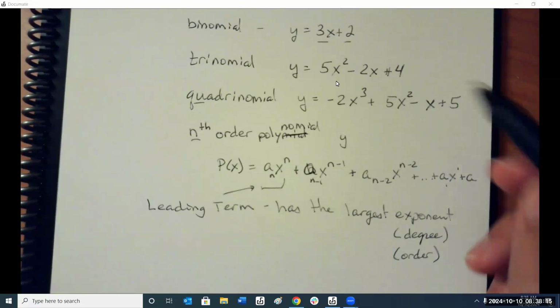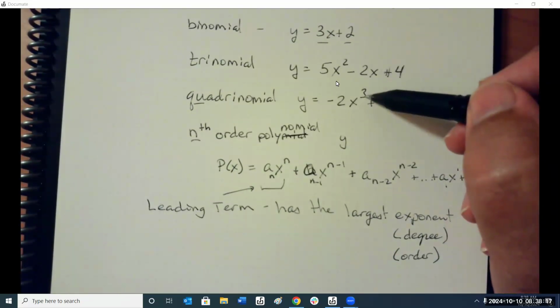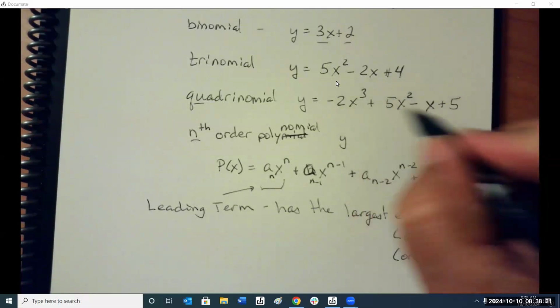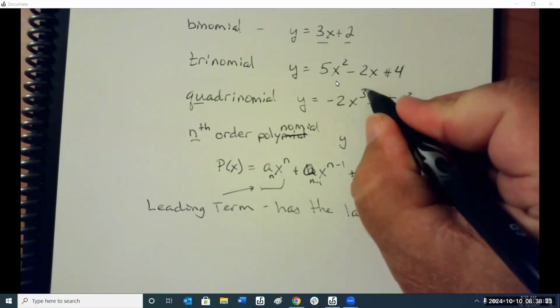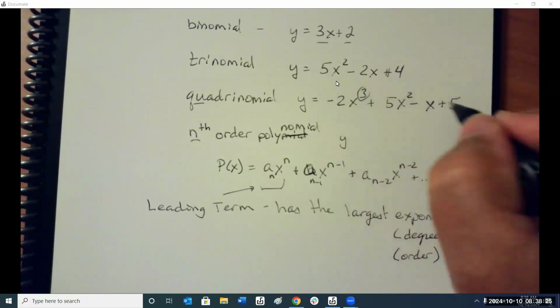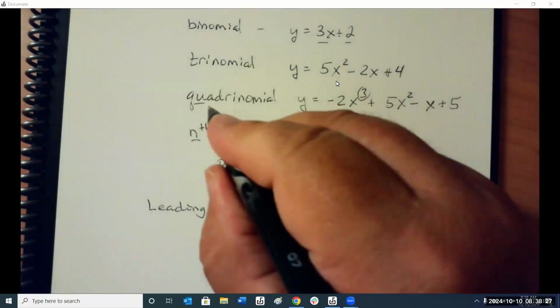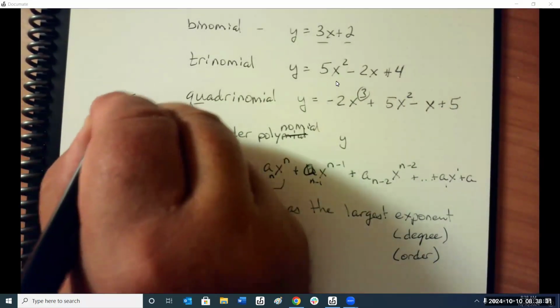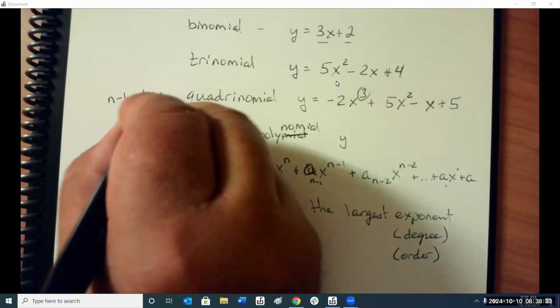Now, when I talk about order, this is a fourth order polynomial, which means we're going to have 4 terms. So since it's a fourth order, n minus 1 equals the degree.